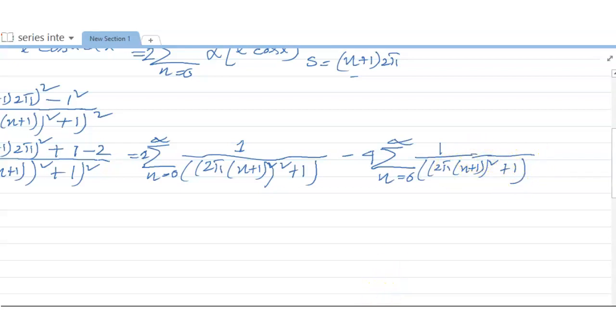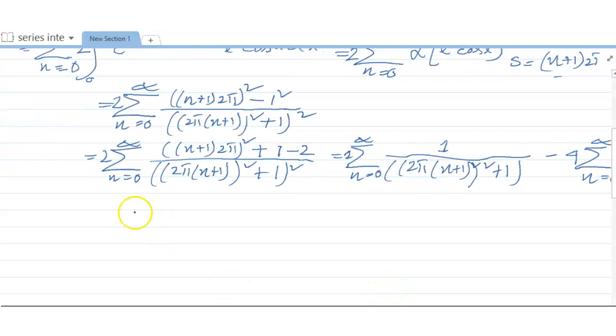This is the formula, friends. I apply this formula. After that, I can write this way, I apply one formula: 2 into 4 pi square.